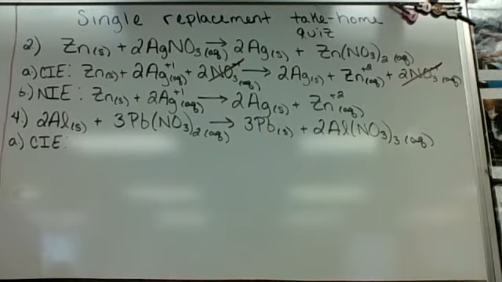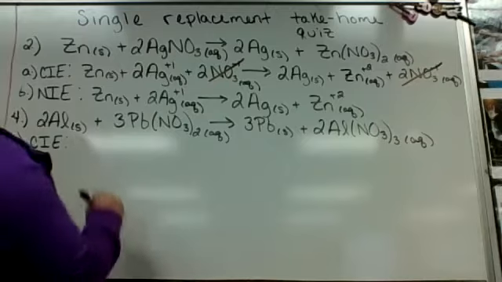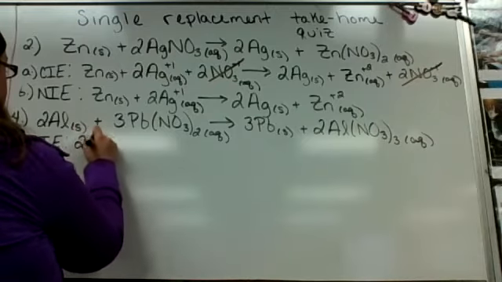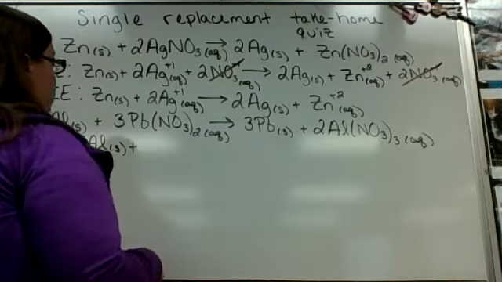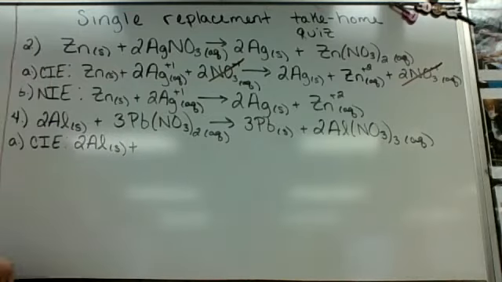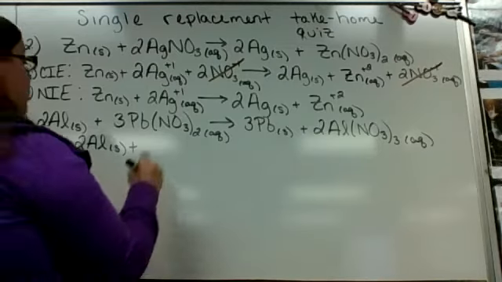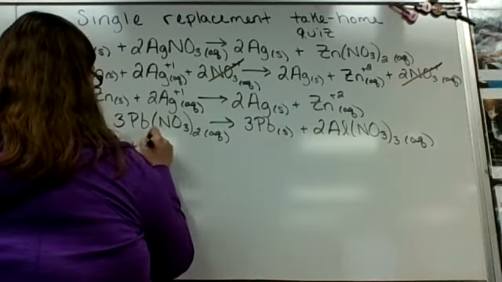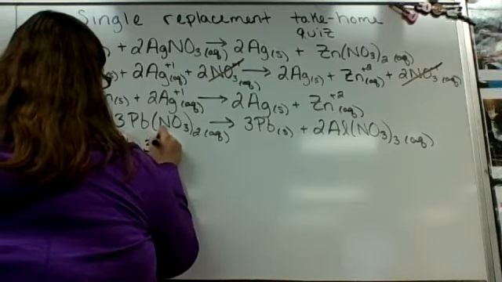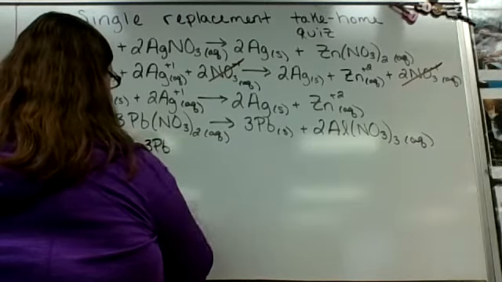Complete ionic equation. 2Al solid, what do we do with it? Keep it the same. All right. What do I do to the 3Pb(NO3)2? Break it apart. And the what? The 3Pb.